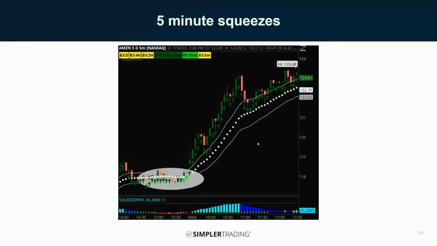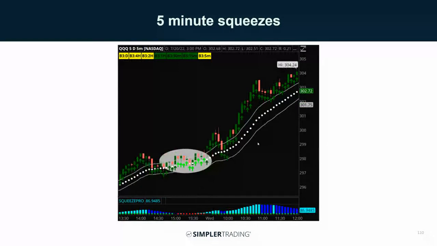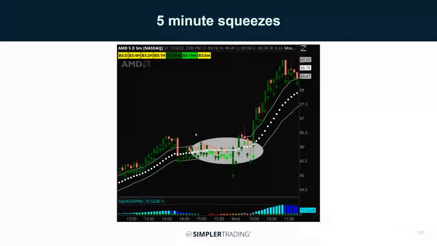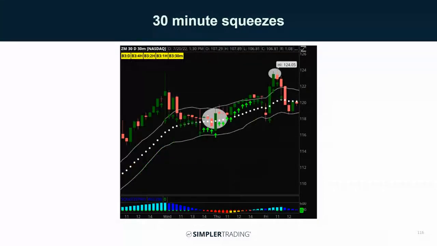So just these few squeezes here, these were from the scan, which we're going to run here in a little bit, from last Tuesday. So about 30, 45 minutes before the close, fired up the big 3 squeeze scan, did the 5-minute, the 15-minute, did every time frame. Bunch of beauties on the 5, right? The Qs, the S&Ps, Amazon, NVIDIA, AMD.